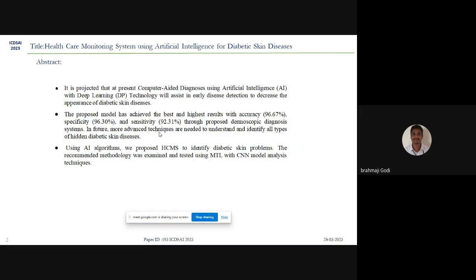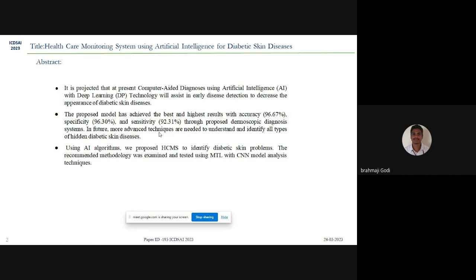Nowadays, diabetic skin diseases are playing a vital role. Many clinicians, like dermatologists, are unable to identify what type of disease it is. They are in some suspicion and not clear in telling for a diabetic patient, so there is some misunderstanding about various types of skin diseases.